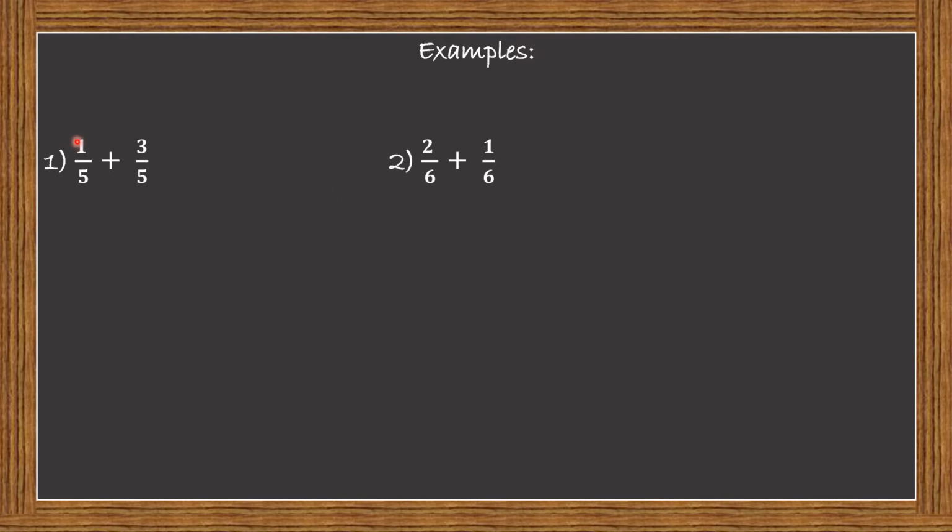So here we will add the numerators 1 and 3, and here we will add the numerators 2 and 1. So 1 plus 3 will become 4 and we will write down 5 as it is, and 2 plus 1 becomes 3 and we will write down 6 as it is.